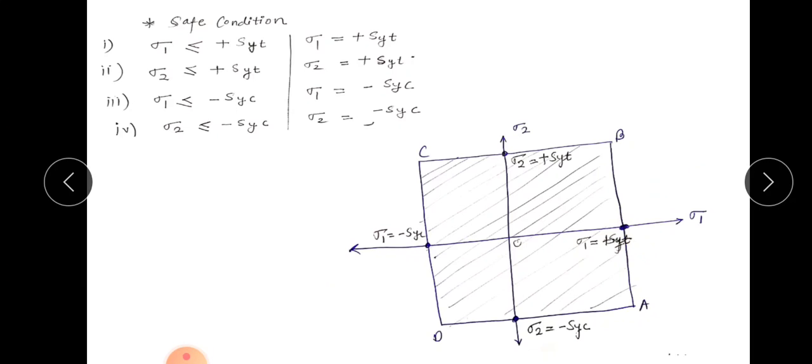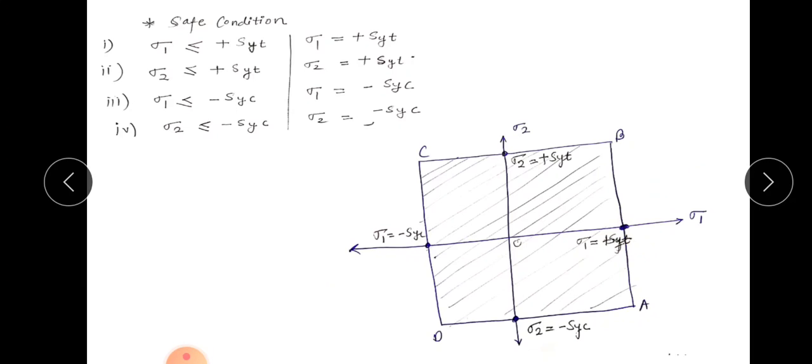Now you know that if the equation is x equal to 10, the line will be parallel to the y axis on the right hand side. If x is equal to minus 10, the line will be parallel to the y axis on the left hand side. Similarly, if y is equal to plus or minus 10, the line will be parallel to the x axis.